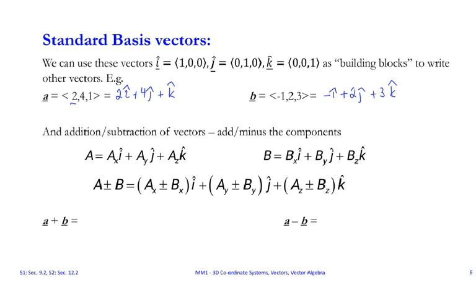So here we have a plus b. So we have 2 plus minus 1, i, plus 4 plus 2, j, plus 1 plus 3, k. And the whole thing behind this is to make life easy for you, believe it or not.